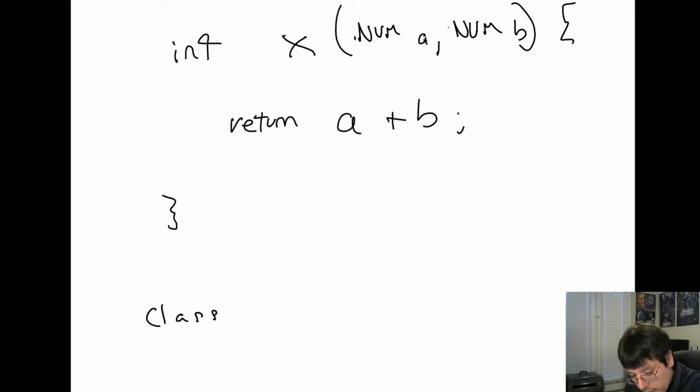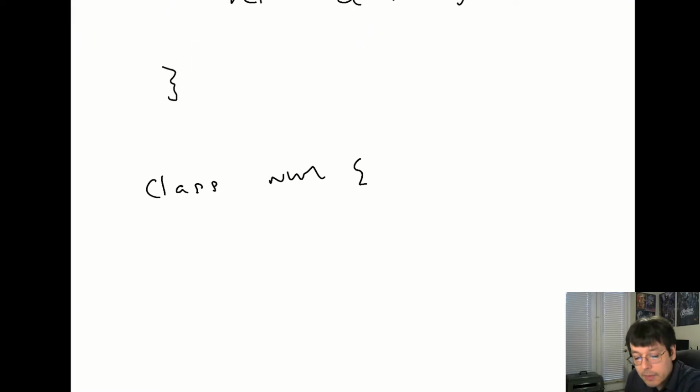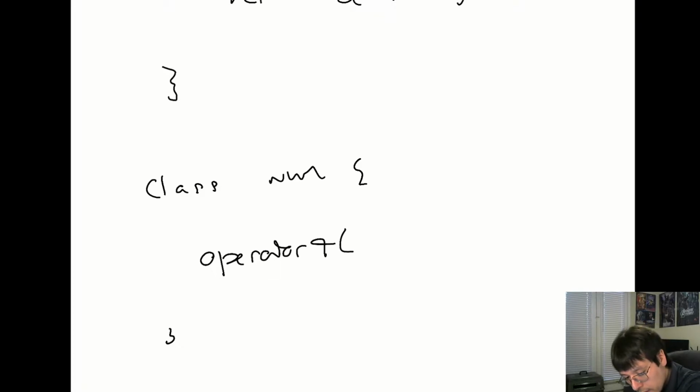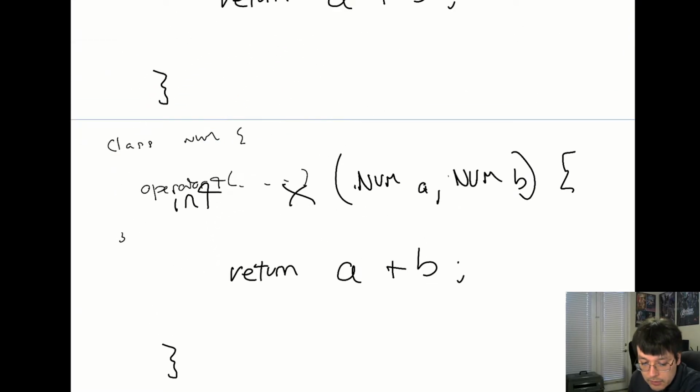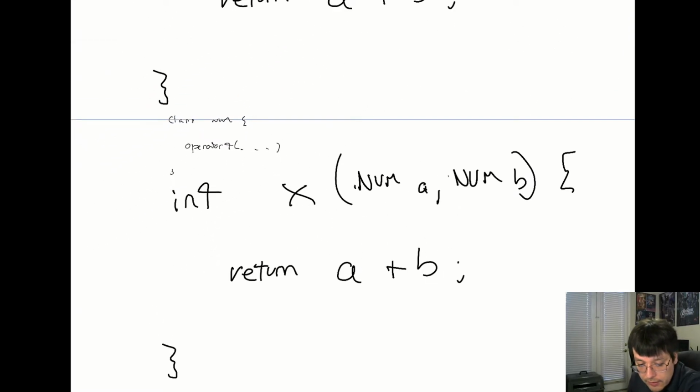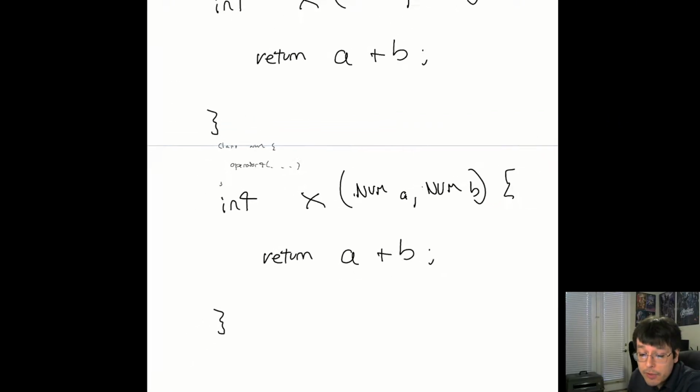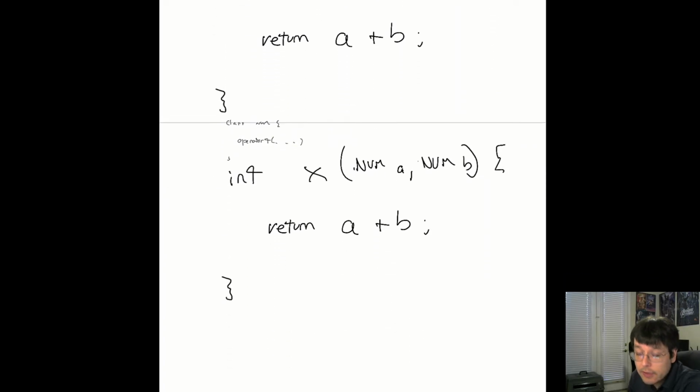So class num, blah blah blah, and then somewhere in here we have that operator plus, and so on, right? So once you actually overload this operator to work for this class num, then this piece of code would actually work, right? But we still have to write the 3 functions like this, and so on.